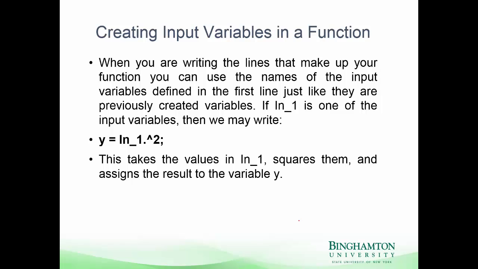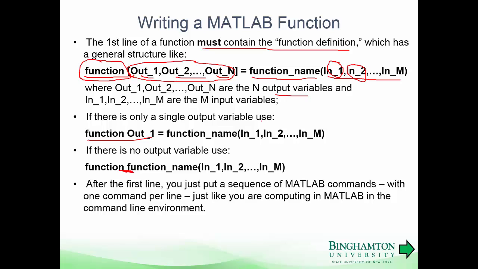Once we've got our function and we've put in our input variables, as we saw over here, we've got a function named function name, and we're putting in variables called in1, in2, all the way out to in_m. These are literally the variable names that we'll use.